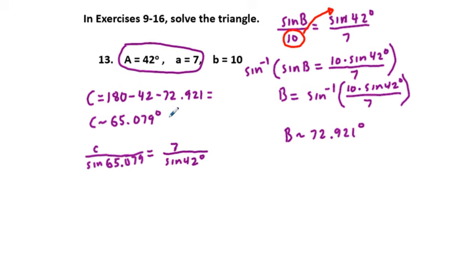And so cross multiplying, as we've done consistently here, we have C equals 7 times the sine of 65.079 degrees, all over sine of 42 degrees.